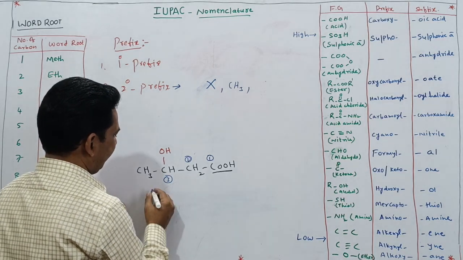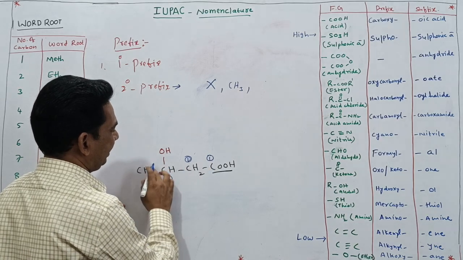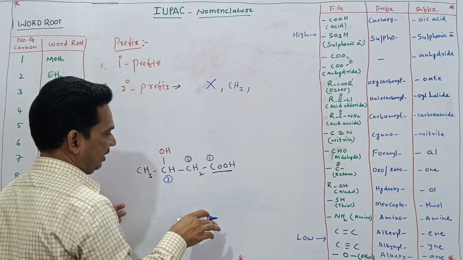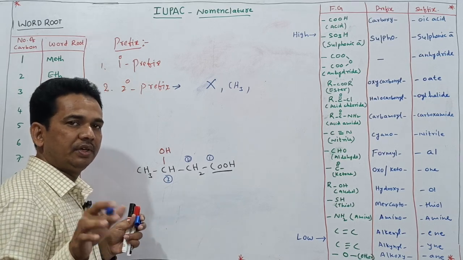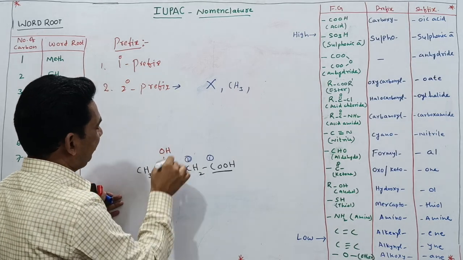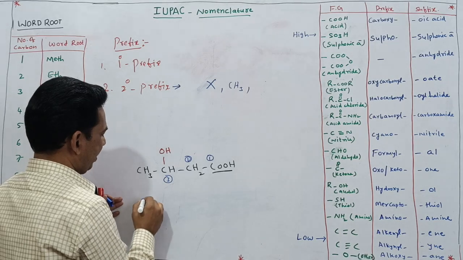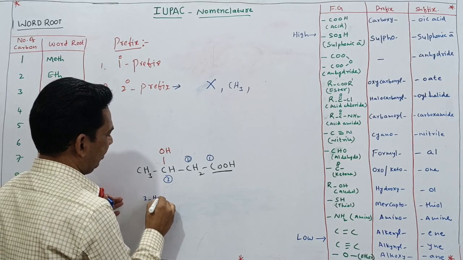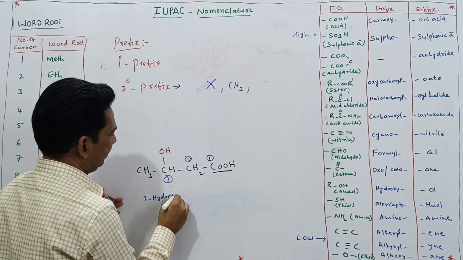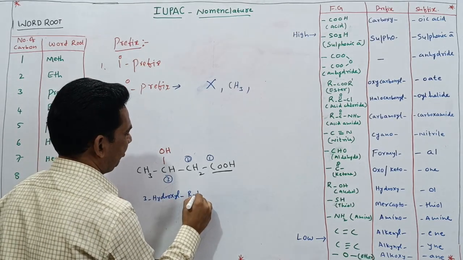Then I will write the name, numbering 1, 2, 3, 4. I am giving the numbering in this way; I will tell you why in the rules of IUPAC nomenclature. First we have to understand what the secondary prefix is. I will write the name for this one: 3-hydroxy, 4 carbons, that's why I will write butane.